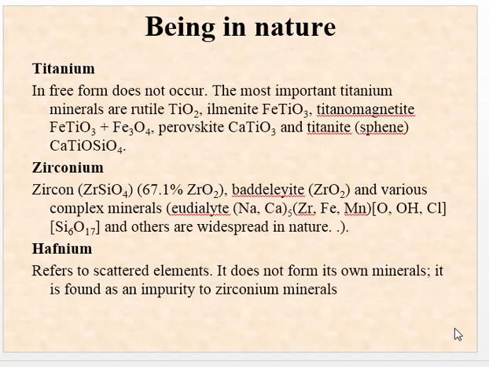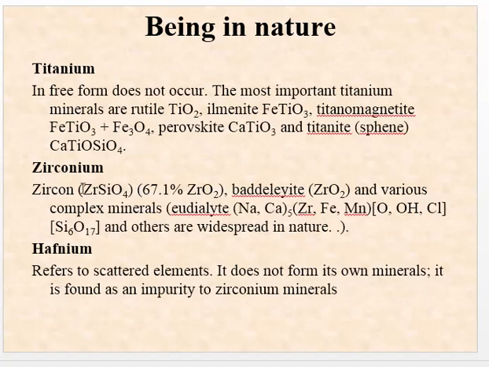Okay, being in nature, but in which compounds can we find these elements in nature? Titanium in free form doesn't occur. The most important titanium minerals are rutile, ilmenite, titanomagnetite, perovskite, and titanite or sphene.